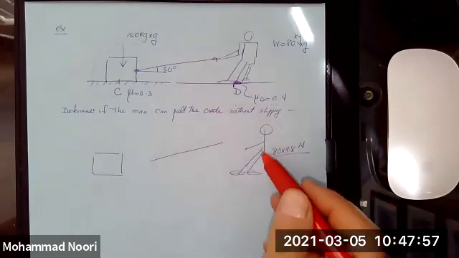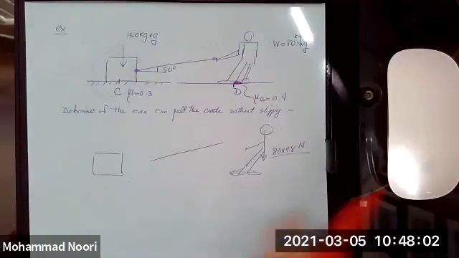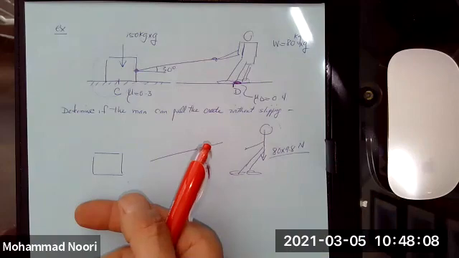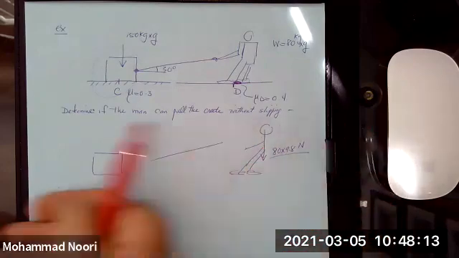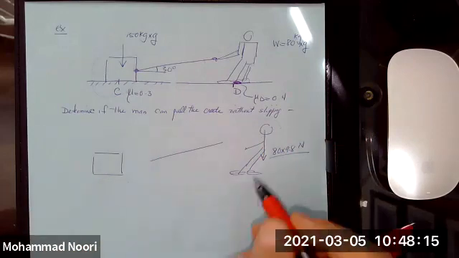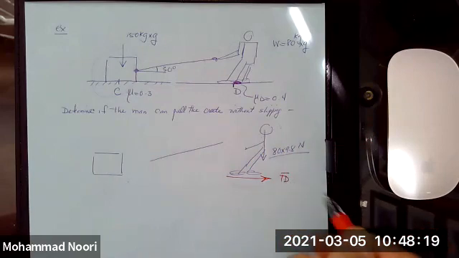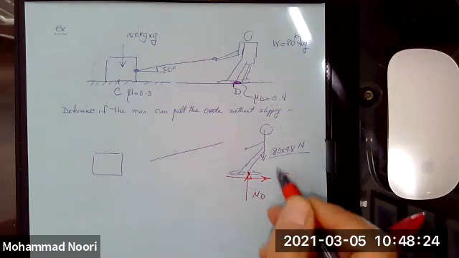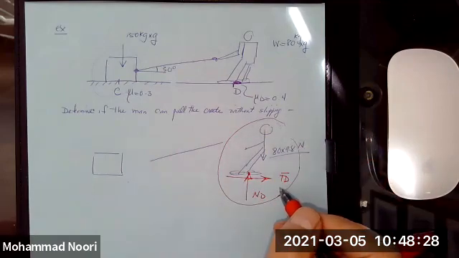We don't want this guy to slip. However, if this guy slips, in what direction is he going to slip? This way, right? Because that's how he's standing. So the friction force that would potentially develop would be in this direction. And you do have also a vertical load. So this is a free body diagram of this guy.